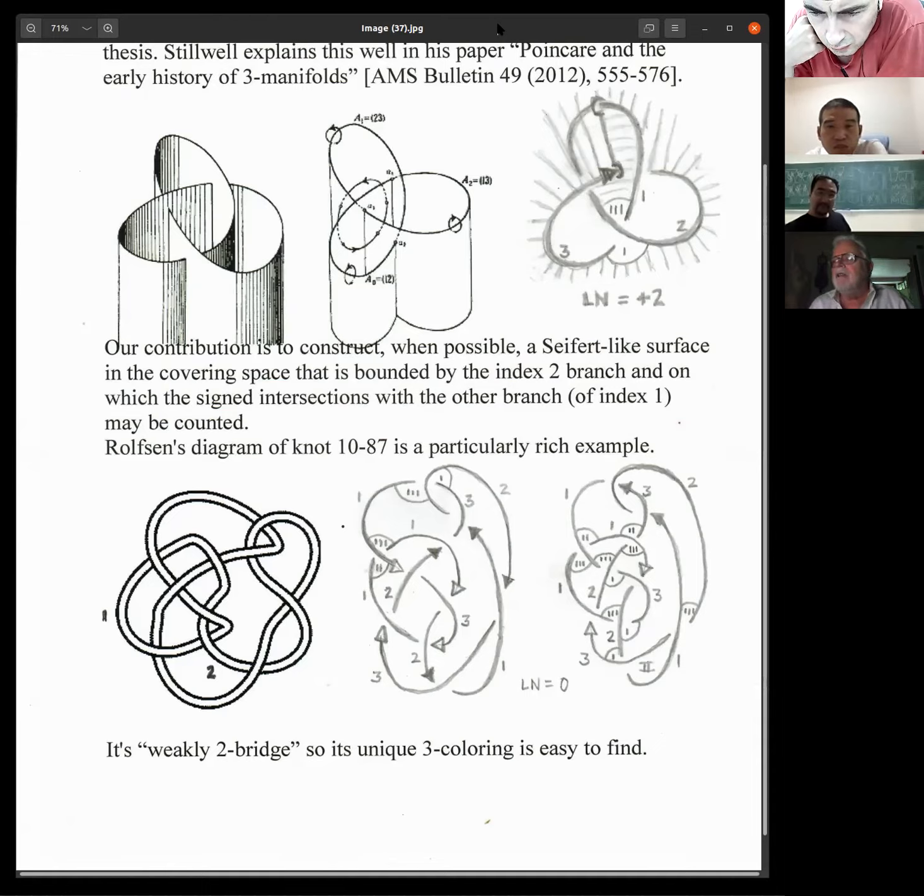You'll see, starting at the top of the upper left-hand crossing on the second diagram in copy 2, as I go around the knot, I hit copy 2.